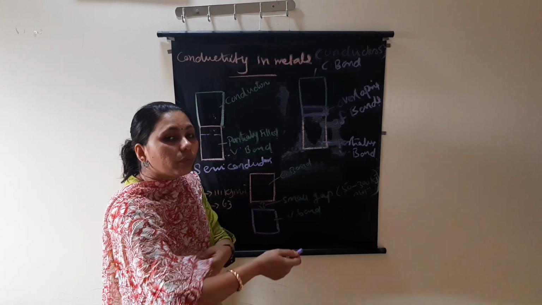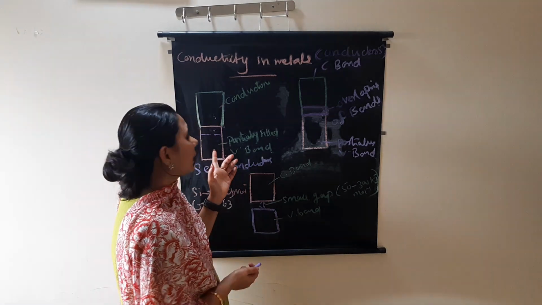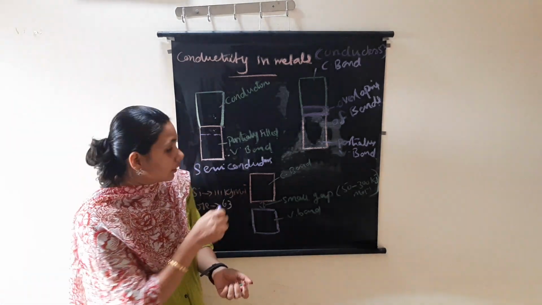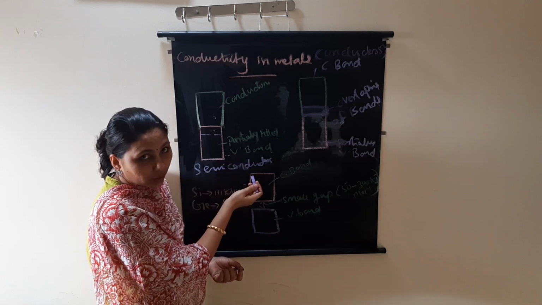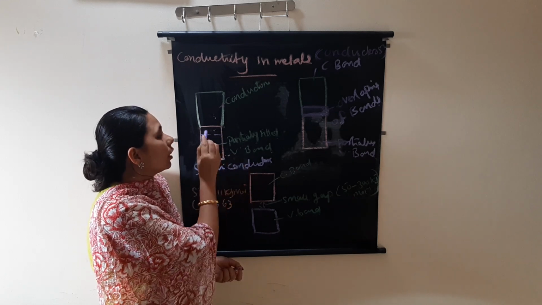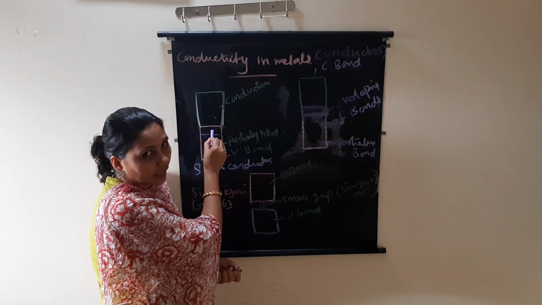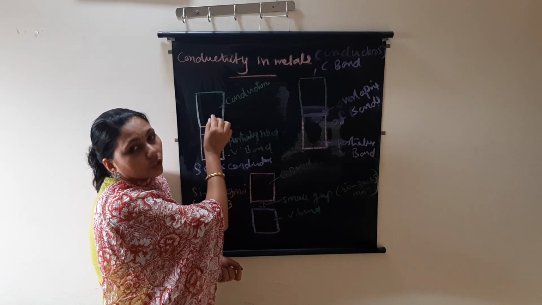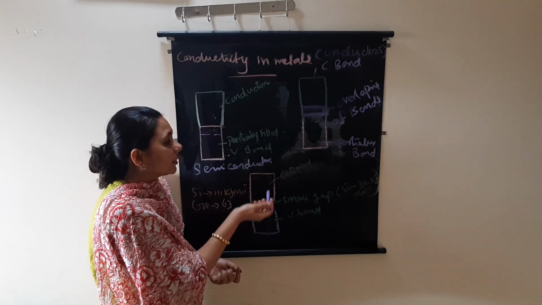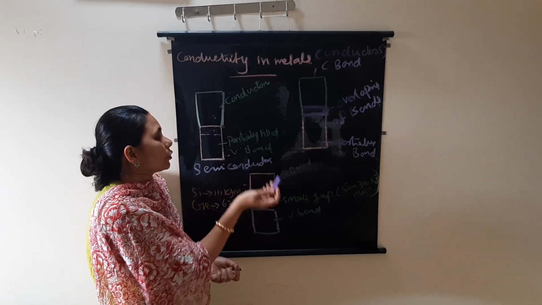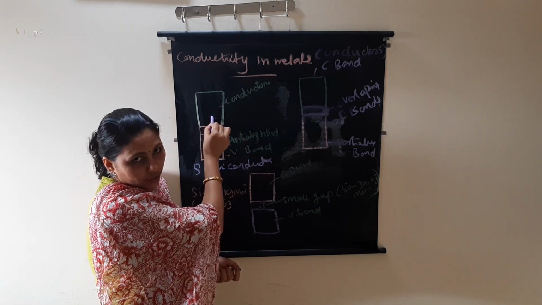When the voltage is applied, the electrons in the valence band, which is partially filled, will be excited to the same band, or they can be excited to the conduction band.